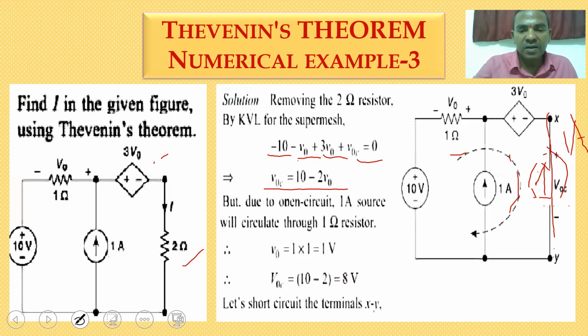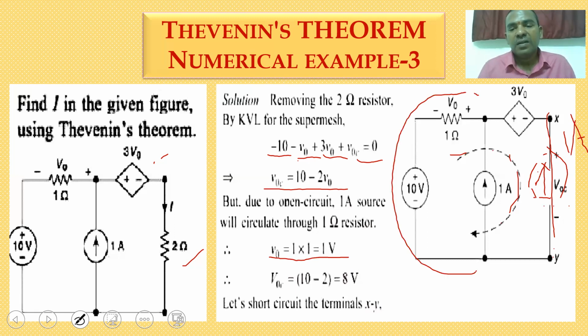You can get it as 1 volt only, because V naught is the potential between the two nodes, the same as 1. So if you substitute, you get VOC is equal to 10 minus 2, that is equal to 8 volts. That is the open circuit voltage, or Thevenin's equivalent voltage.